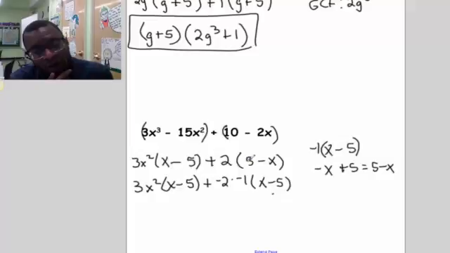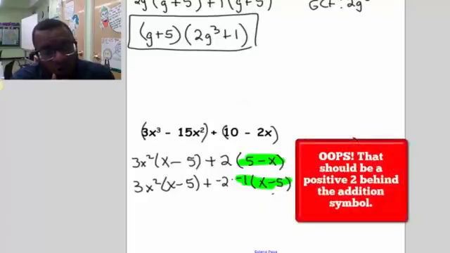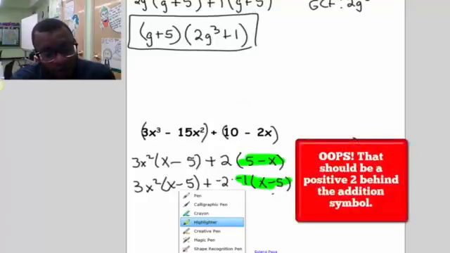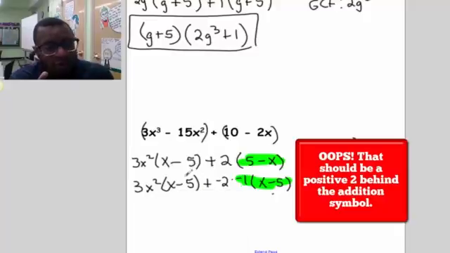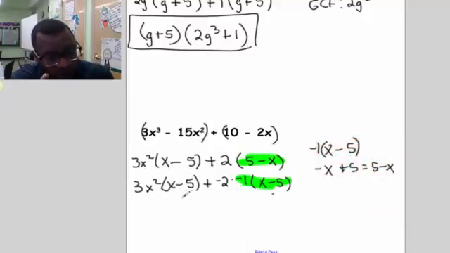Okay, so what I've done is between step 2 and step 3, I've changed 5 minus x to -1 times x minus 5 because the goal of factoring by grouping is to make sure that whatever binomial is in our parentheses is the same, so that way we can factor it out.